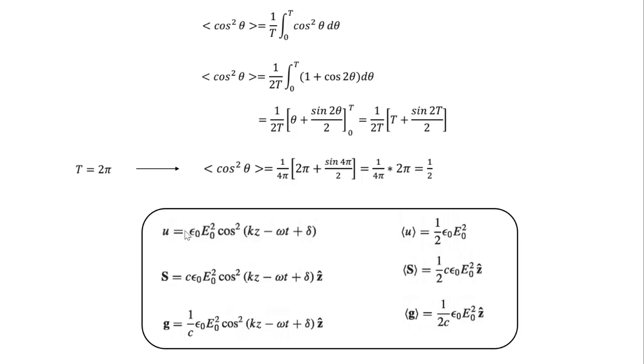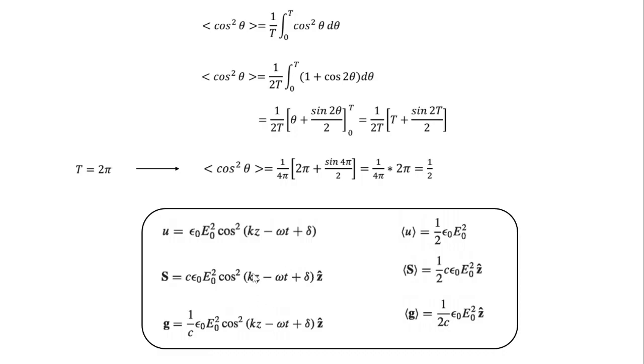energy parameters. Energy density is epsilon naught E naught square cos square (kz minus omega t plus delta). When you take the average value of this, given by the bracket symbol, the cos square term is going to contribute half. Other terms are constants, they remain the same, so you get half epsilon naught E naught square. Flux density is c epsilon naught E naught square cos square (kz minus omega t plus delta) z cap.